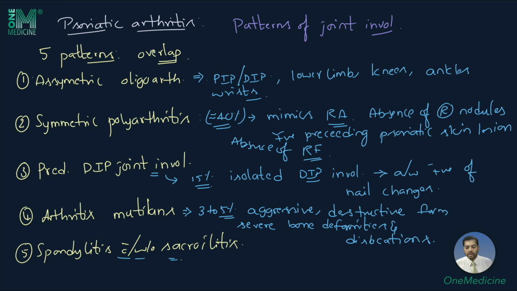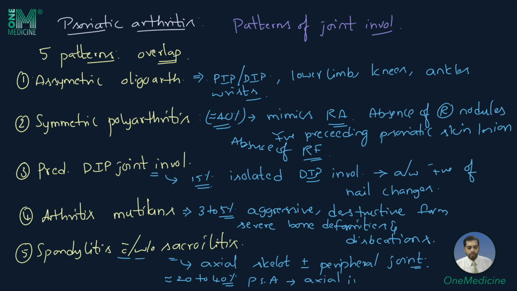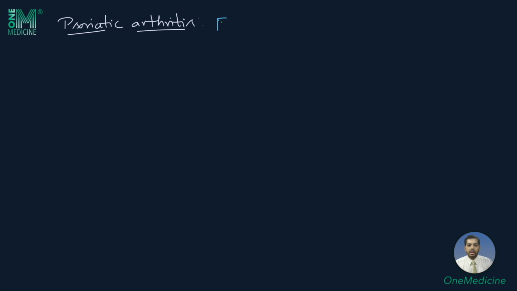Spondylitis or sacroiliitis usually presents with axial skeleton involvement. Sometimes the patients can also have peripheral joint involvement as well. Approximately 20 to 40% of the patients with psoriatic arthritis show axial involvement. Now, how do we evaluate for psoriatic arthritis?